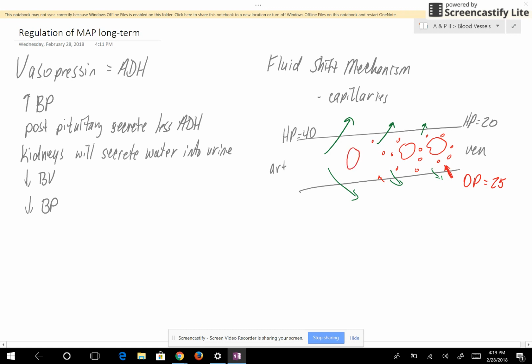Especially plasma proteins, those are the big ones that are going to affect the osmolarity of the blood. Over here on the arterial end, the osmotic pressure gets even lower, somewhere around 15. So you can see that the net movement of water is out of the capillary, so it goes into the interstitial space.